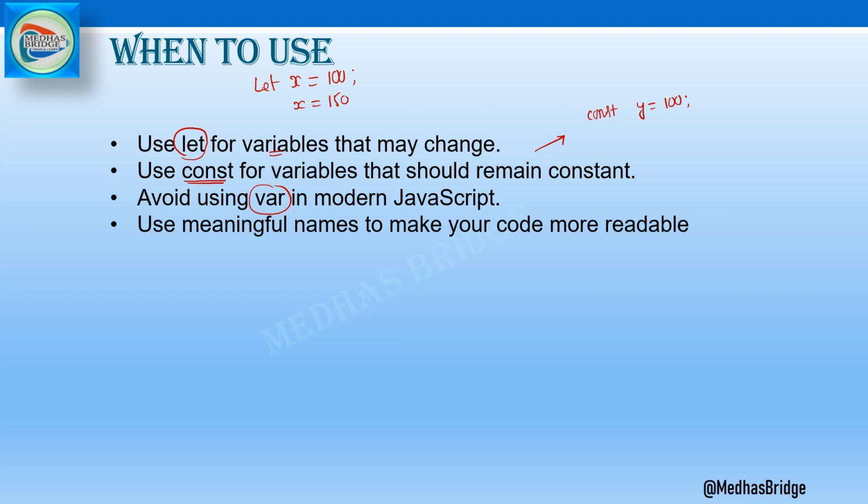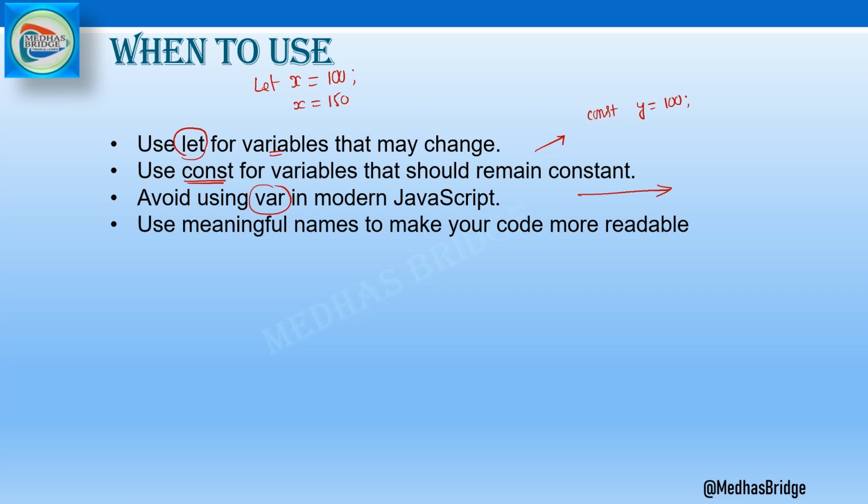Whereas var is a variable you can use as a recommendation when you need to support older browsers. But for modern JavaScript browsers, you would try to use only let and const, but not var.